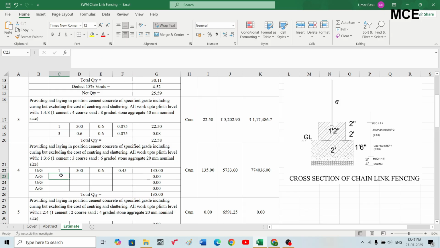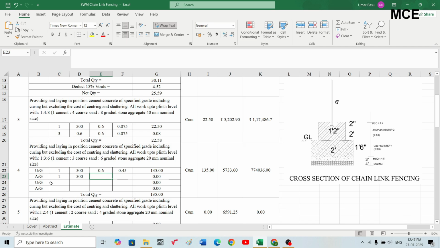Okay, after that the next step is the underground step of this, which is of width 1 feet 2 inch and thickness 2 feet. Again, this is of the same mix, that 1:3:6. Okay, so 1 into 500 into width is 1 feet 2 inches.